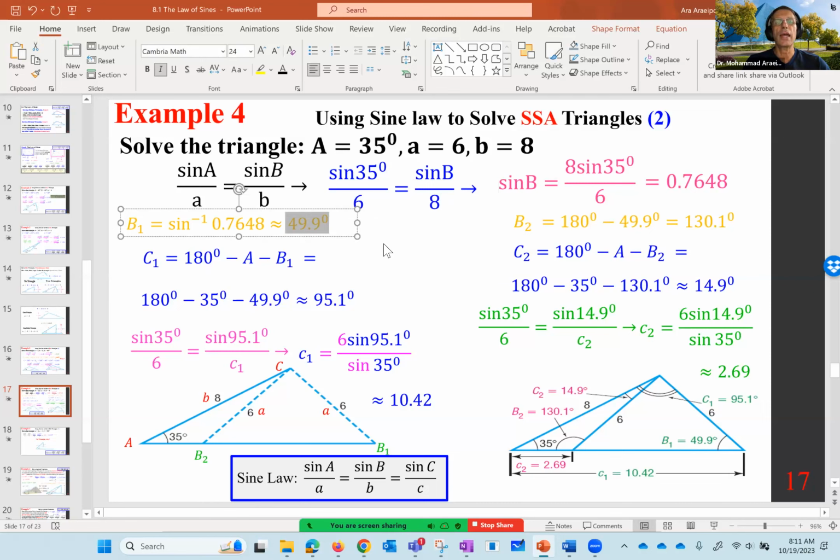Then if we subtract this from 180, it results in 130.1 degrees. And the given angle is 35 degrees, 35 and 130.1. The sum is less than 180, therefore it's possible to find the third angle for that. So we have two sets of solutions, which means we have two different triangles.